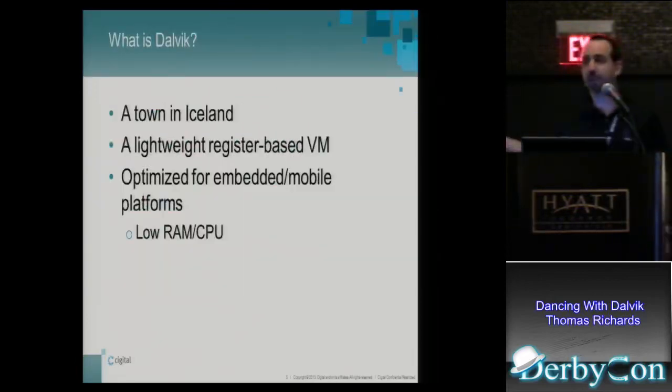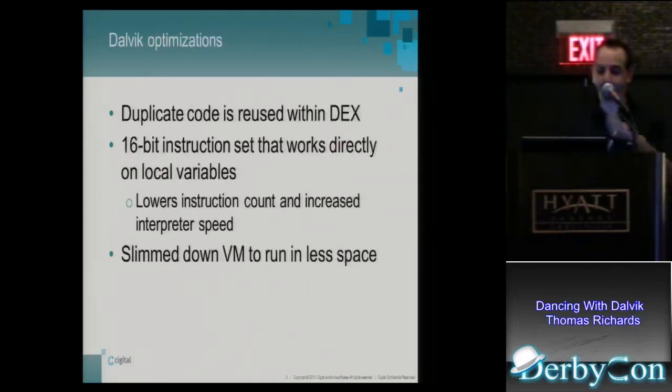First, it's a town in Iceland. When you Google Dalvik, it's the first thing that comes up. What it means in our context is a lightweight, register-based virtual machine that runs on Android phones. It's been optimized for the embedded mobile platform, so it's designed to run with low RAM and low CPU capabilities.